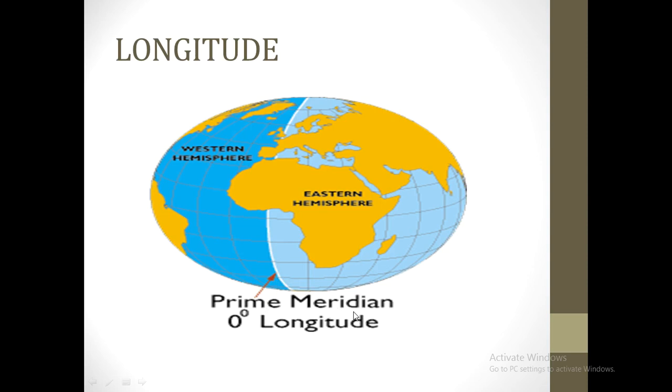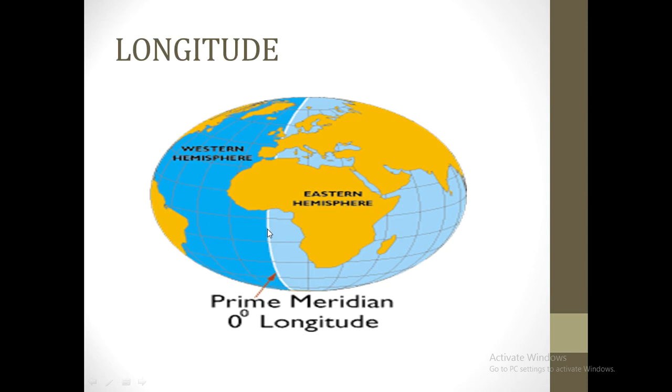Longitudes are also known as meridians because all places situated on any longitude experience midday at a single point of time. There are 180 degree longitudes each, eastward and westward.